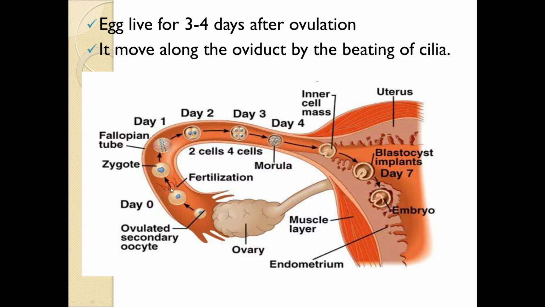The oviduct is also known as the fallopian tube. The egg would be released by the ovary and go in the direction that you are seeing the arrows. It is within this fallopian tube, or oviduct, that the sperm would meet the egg and cause the process known as fertilization.